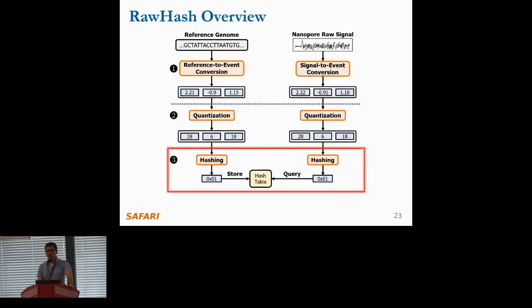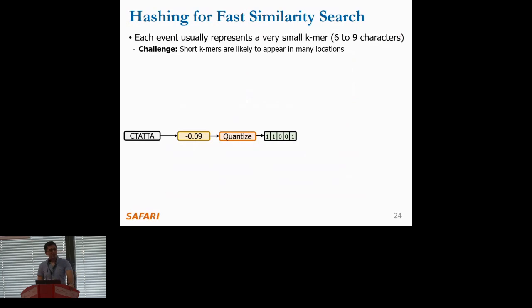I'll now move to the third step in our mechanism, which generates the hash values from these quantized values of events. An event typically represents a very small k-mer of 6 to 9 characters. So this results in a challenge, as these short k-mers can appear in a large number of regions in the reference genome, making direct matching of quantized event values infeasible.